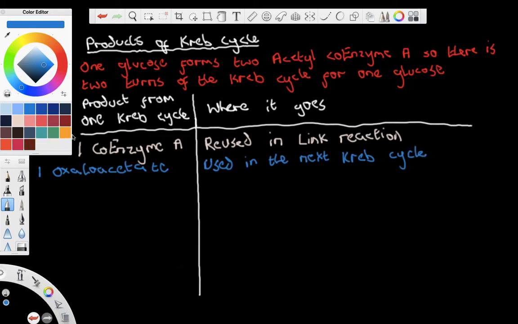We've also got 2 carbon dioxide made. And this is released as a waste product.